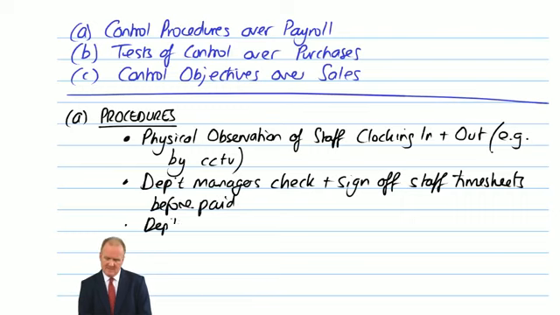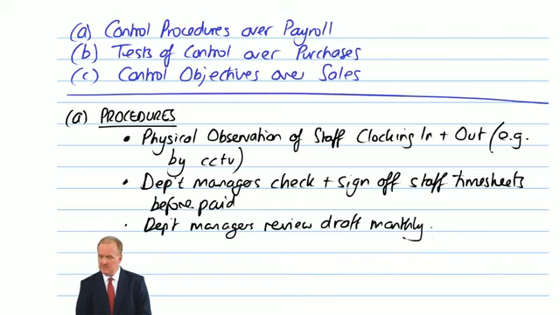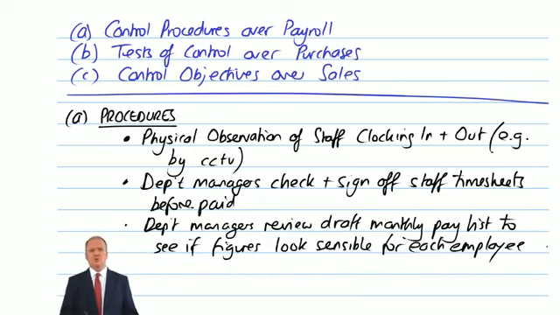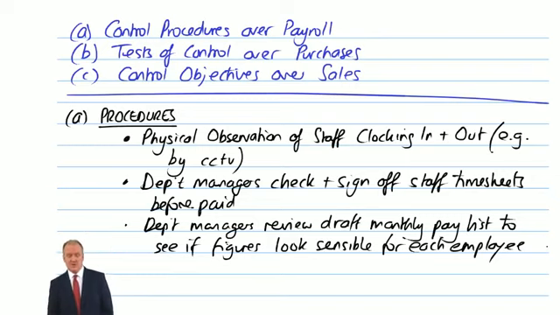I would also have departmental managers review the draft monthly, weekly, whatever it is, pay list to see if figures look sensible for each employee. Those are all control procedures. They are things a company could and should do.